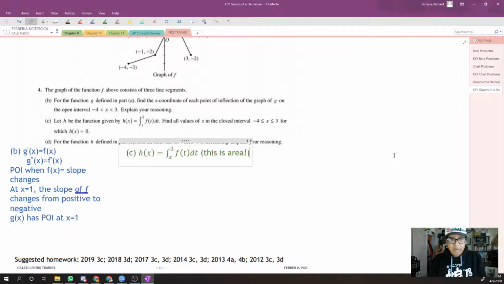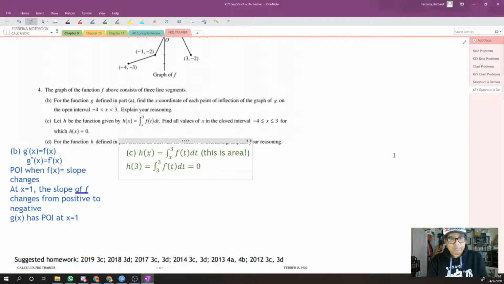So we're looking at area. h is going to be equal to 0 whenever that integral is equal to 0. The first and most obvious place is x equals 3. When x equals 3, the integral becomes the integral from 3 to 3, which everyone knows is equal to 0.